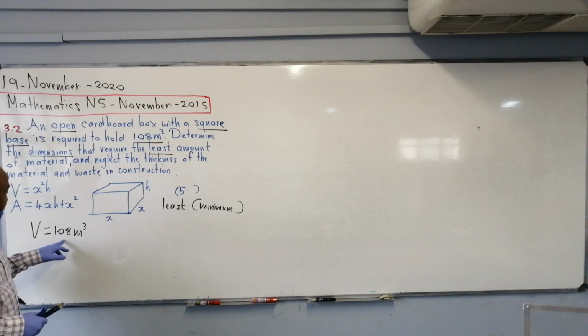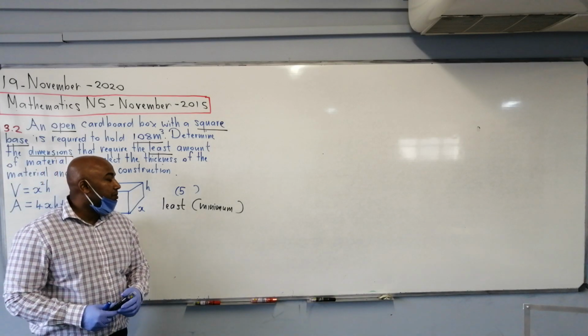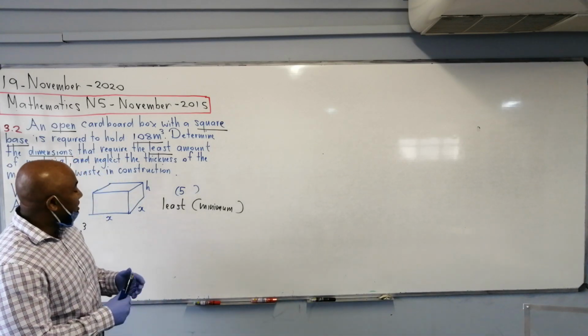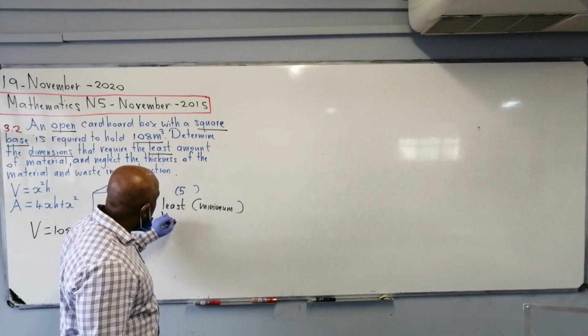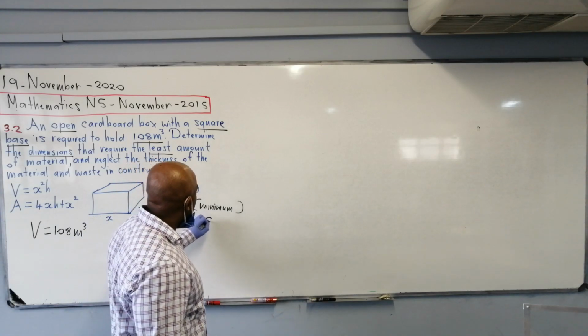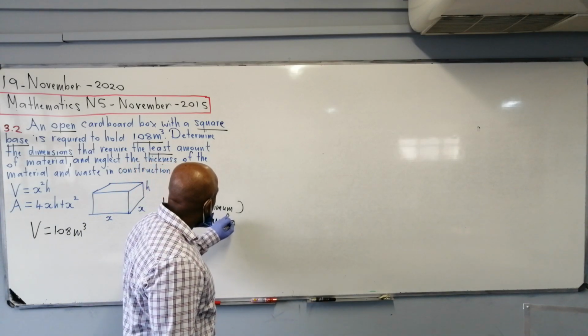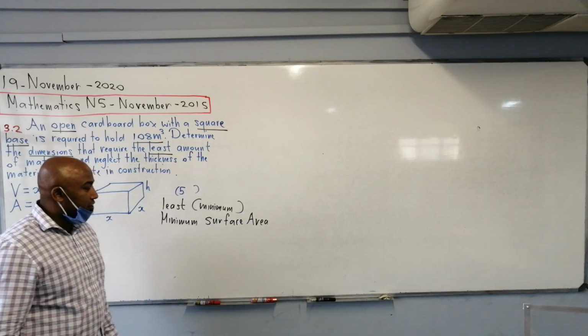We're given volume is equal to 108 cubic meters. We want the minimum, the least amount of material. So we want to work out the minimum surface area. That's what we want to do.